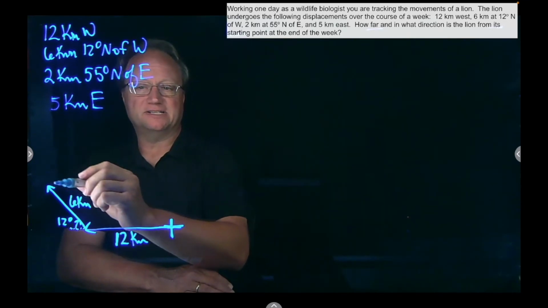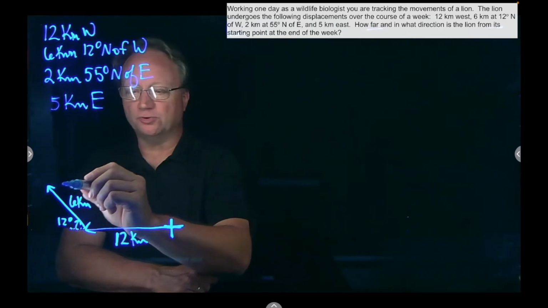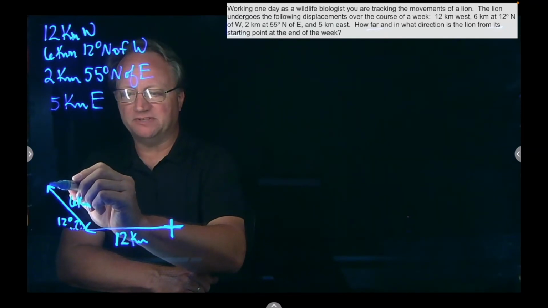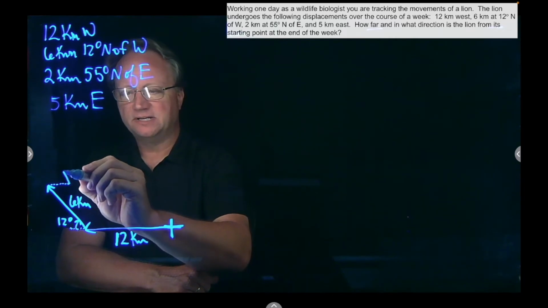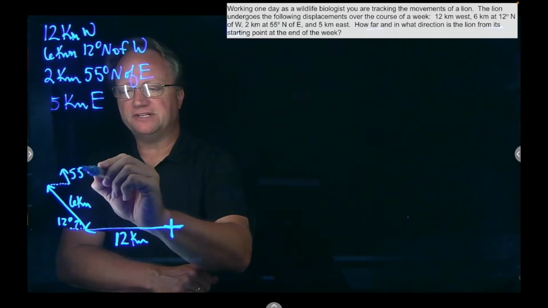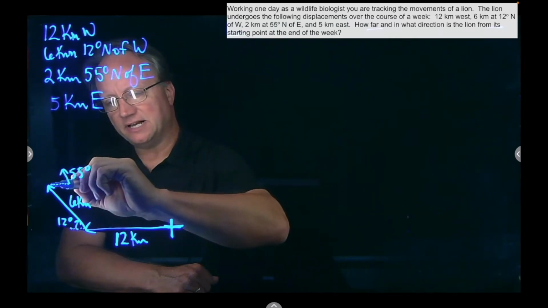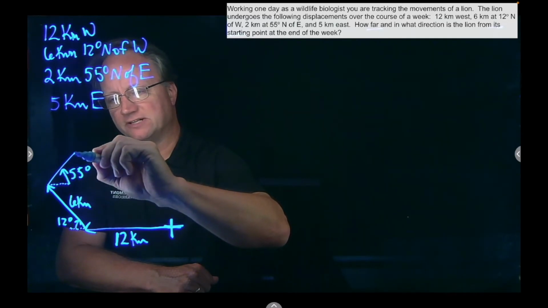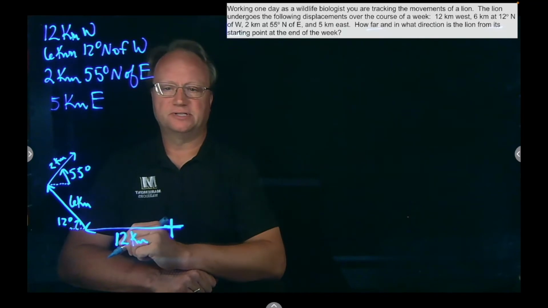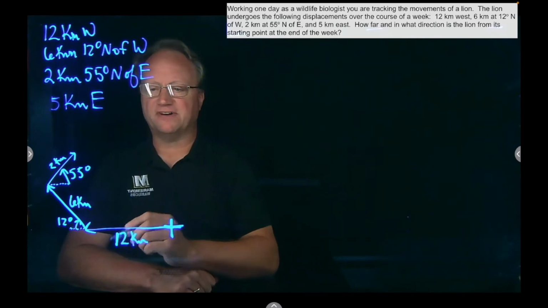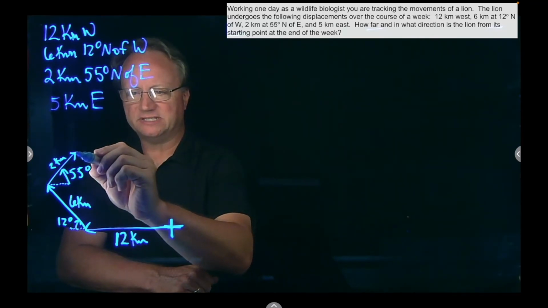Followed by 2 kilometers, 55 degrees north of east, so from the tip of this vector, east would be right there. I want to rotate 55 degrees and draw a very short vector, 2 kilometers, and then lastly 5 kilometers straight to the east.